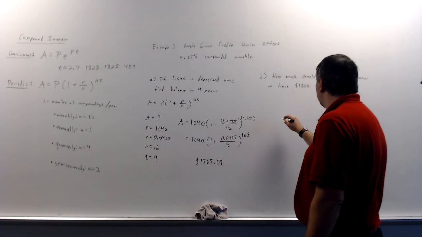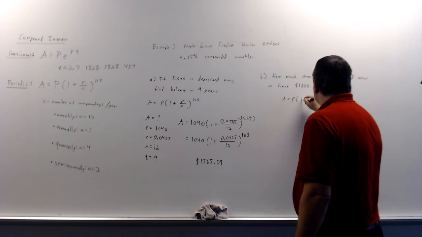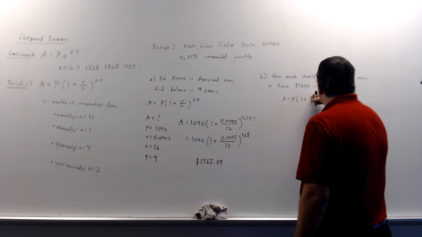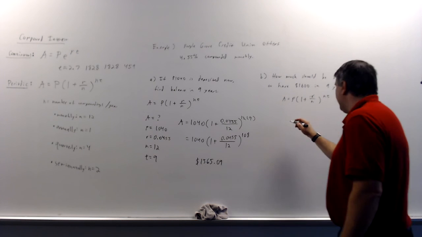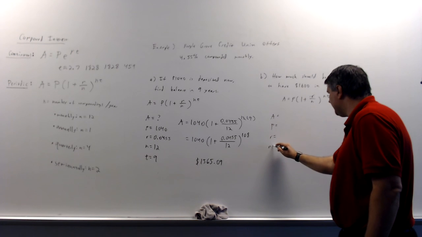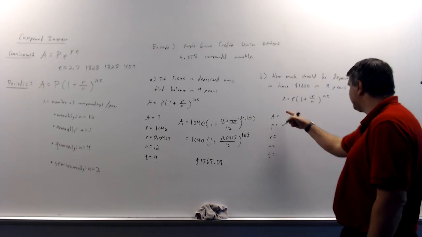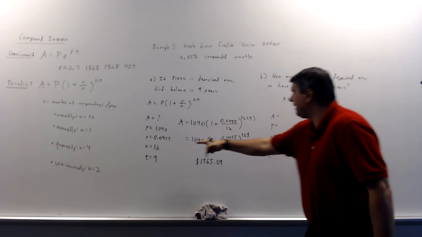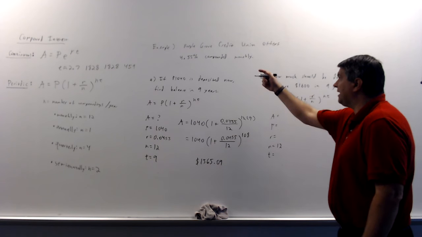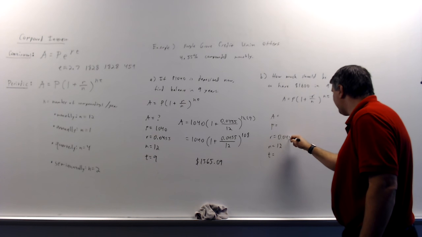Okay, so for this one, same formula. A equals, P equals, R equals, N equals, and T equals. The accumulated value is going to be 1600. It's compounded monthly, so N will be 12 throughout this problem. The rate is 0.0455.